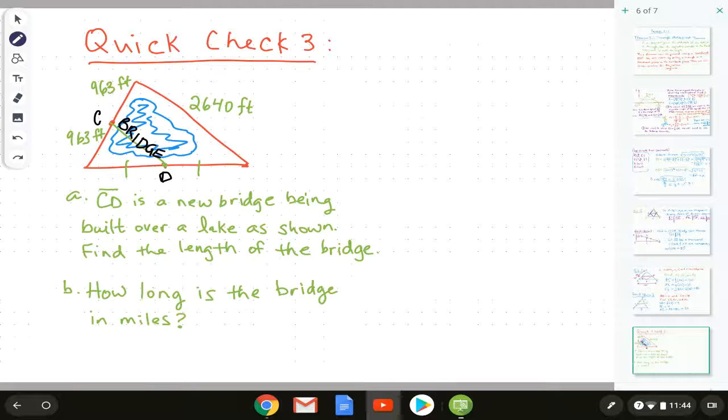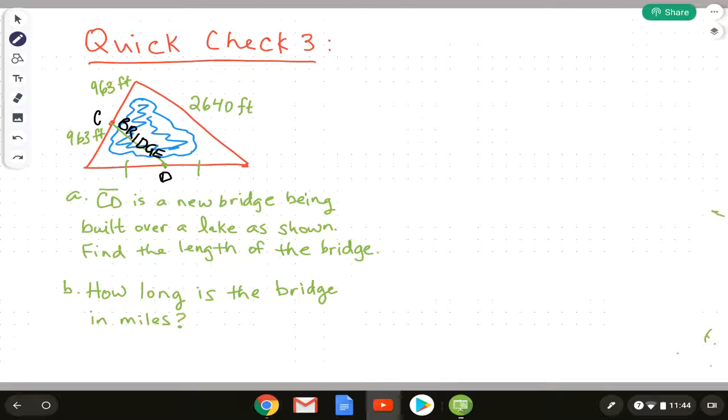The last thing we're going to look at is just quick check 3. You can look over example 3 in your book. But here for quick check 3 we have this drawing. There's a lake and there's a bridge that goes over it from C to D. And they want me to find the length of the bridge using the drawing.